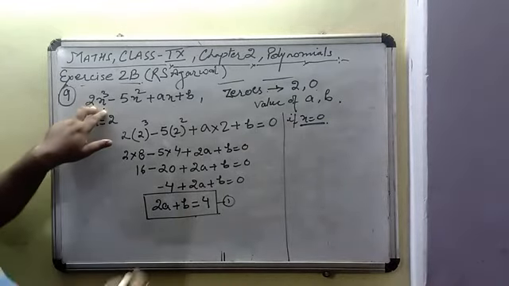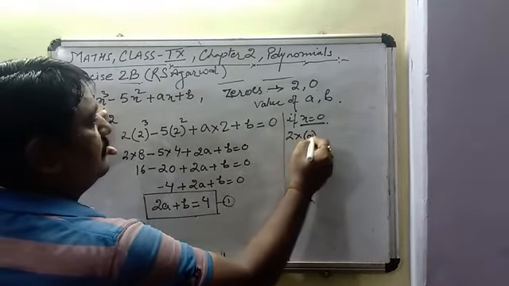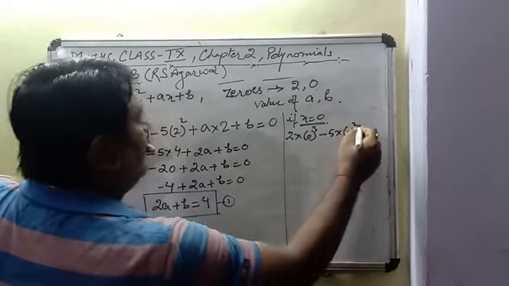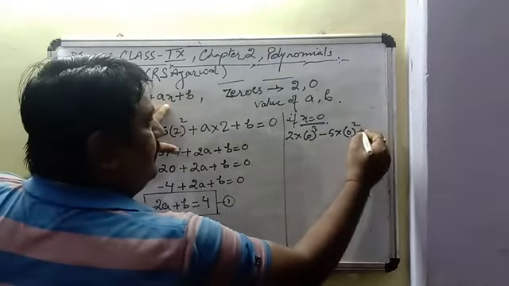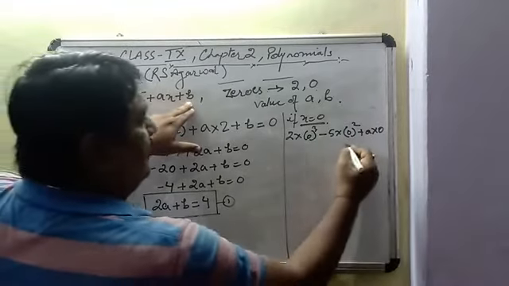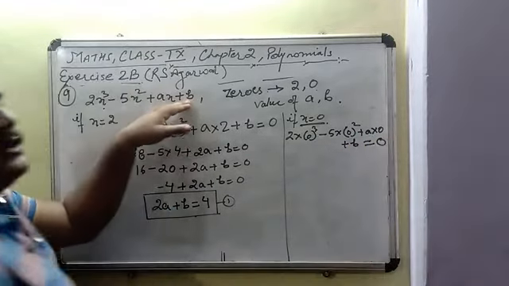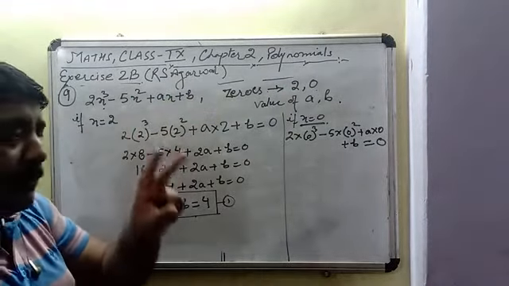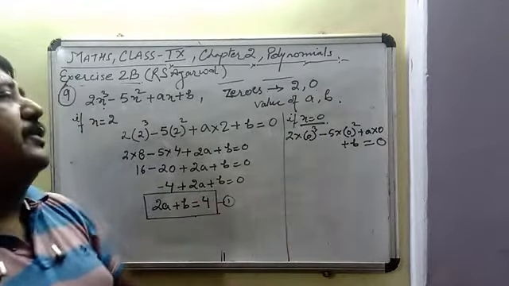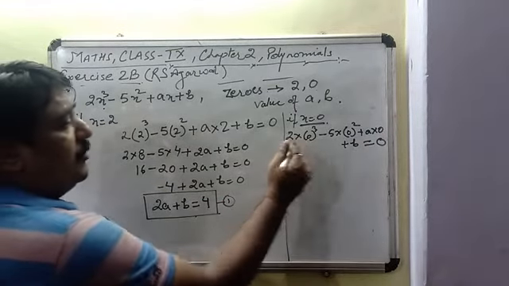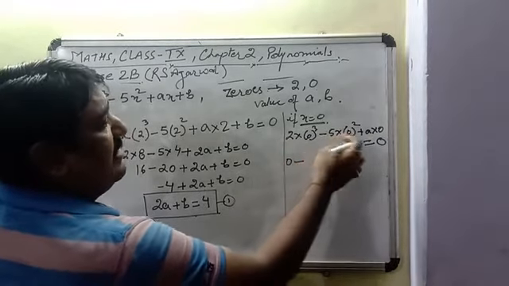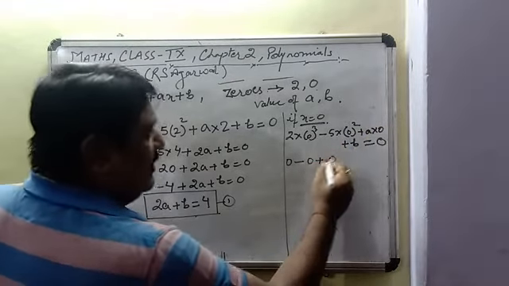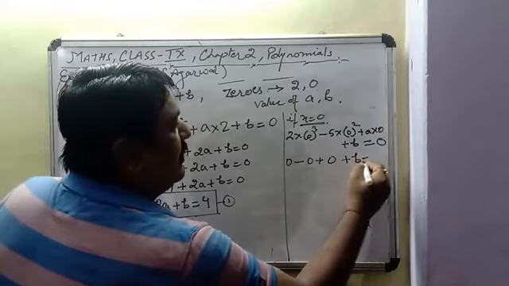This is 2 into 0 cube, minus 5 into 0 square, plus a into 0, plus b, and that all will be equal to 0. Because 0 is also a zero of this polynomial, as stated in the question. So the final result will be 0 only. 2 into 0 cube is 0, minus 5 into 0 square is 0, plus a into 0 that is 0, plus b equals to 0.